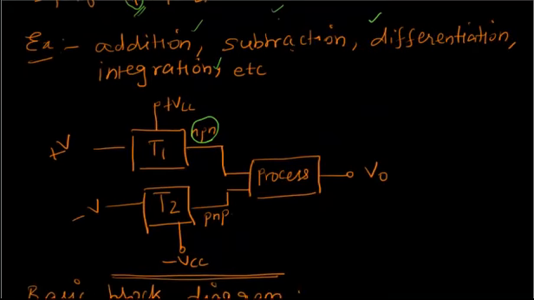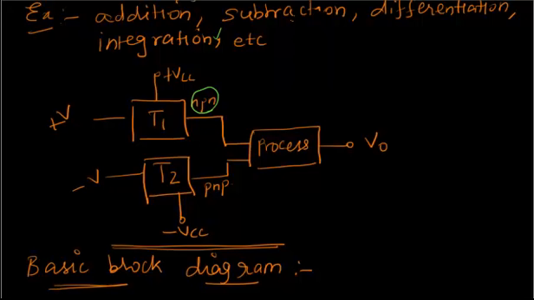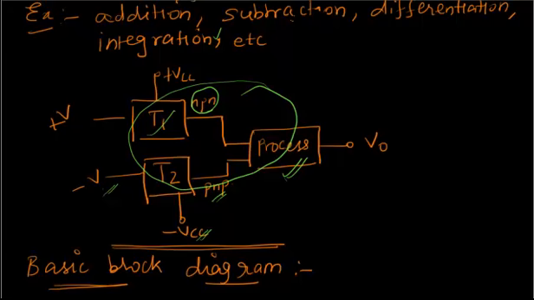Here also let us take another negative voltage. So for this negative voltage, for a similar operation, we will need a PNP transistor with a minus VCC for biasing. So this combined circuit along with some processing after this will be the total amplifier which we are having here.